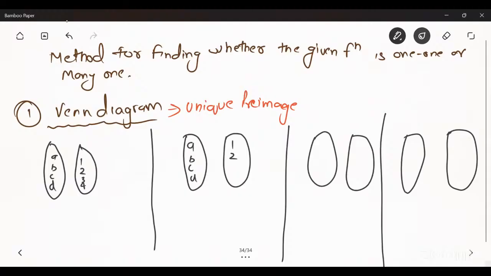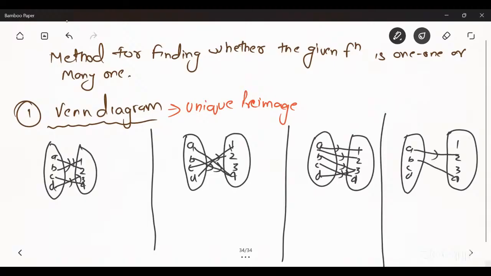In the first, A is related to 2, B is related to 1, C is related to 4, D is related to 3. In the second, A is related to 4, B is related to 4, C is related to 2, D is related to 1. In the third, A is related to 1, A is related to 2, B is related to 3, C is related to 4, D is related to 3. In the fourth, A is related to 2, B is related to 4, C is related to 1, D is related to 3.